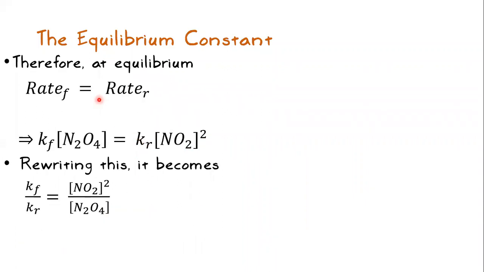Then you divide by Kr and work it out, and you have Kf over Kr equals the concentration of NO2 to the power 2 all over the concentration of N2O4.